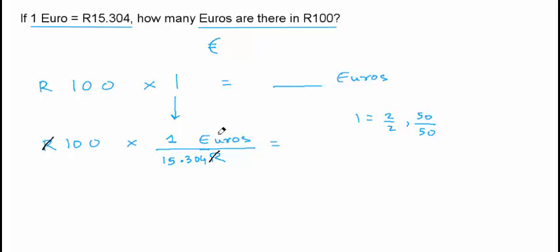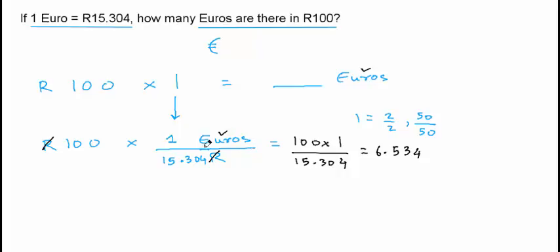Therefore, we are left with this unit euros. That's exactly what we were looking for. And the numbers can multiply and divide as usual. And therefore, this is going to be equal to 100 times 1 over 15.304, which is equal to 6.534, the numerical portion of the answer.